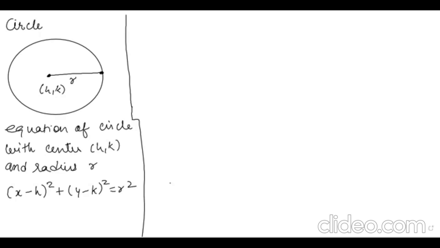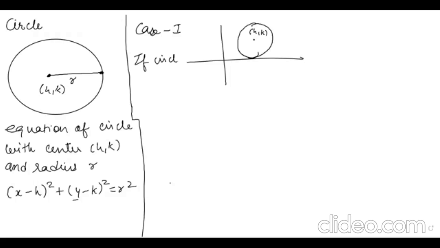You do have some special cases. Case 1, when my circle just touches the x-axis, and my center is (h, k). If the circle touches the x-axis, and you have the center of that circle, then you can obtain the radius of that circle by taking the modulus of the y coordinate of the center.